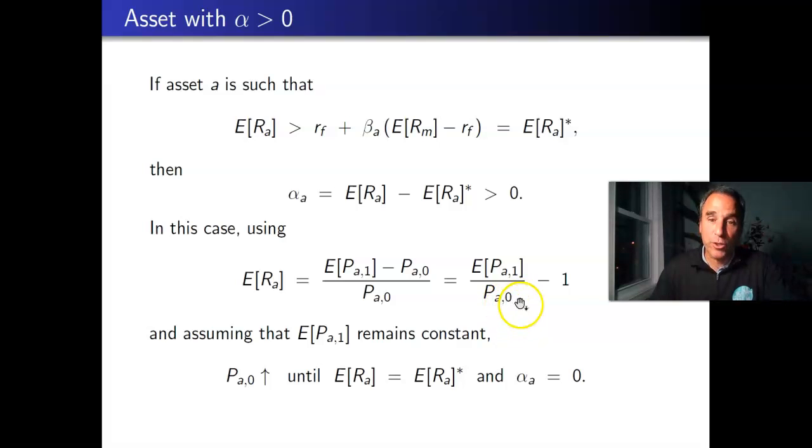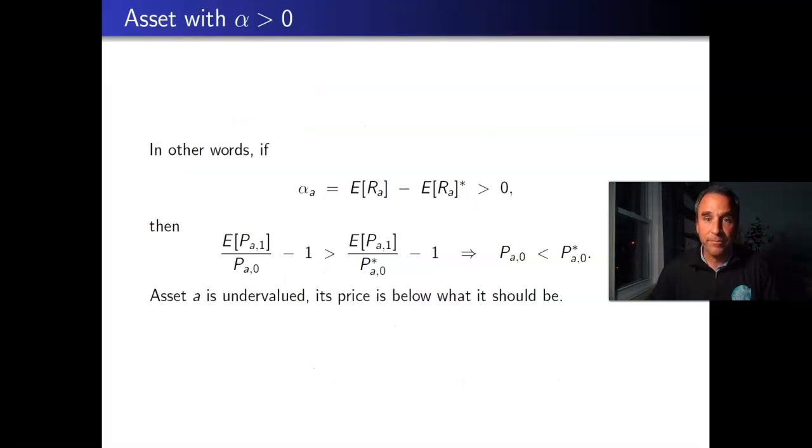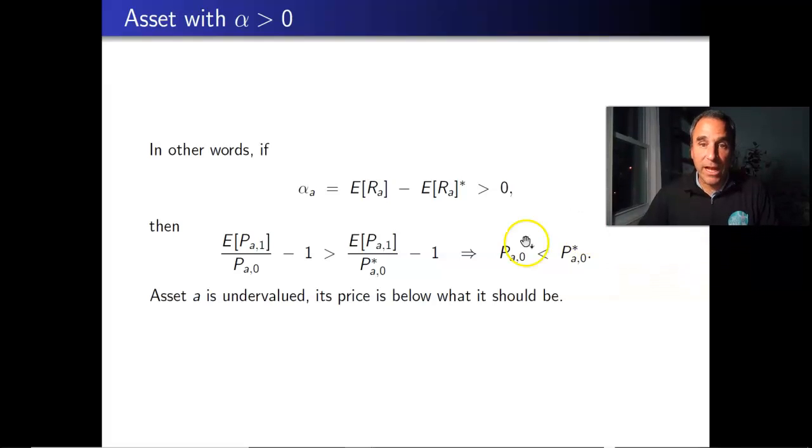So this will push today's price of asset A up, up to the point where the expected return will fall to its equilibrium value, or up to the point where alpha is equal to 0. In other words, if the alpha of an asset is larger than 0, then the asset is undervalued. So its price is below what it should be.